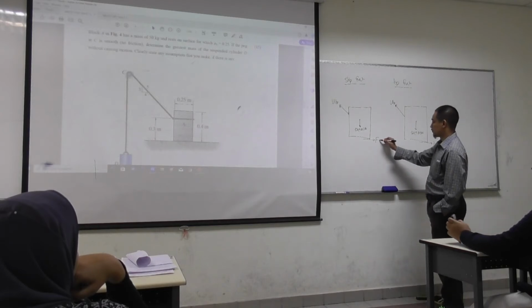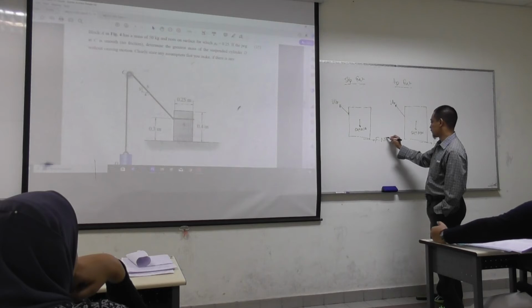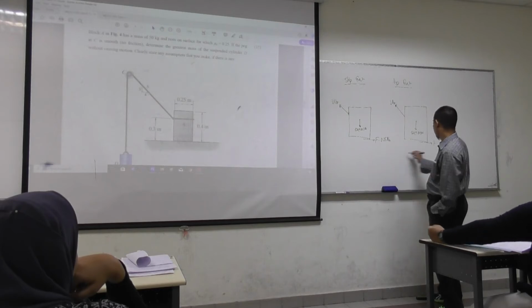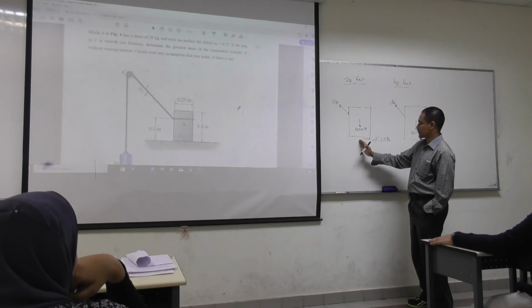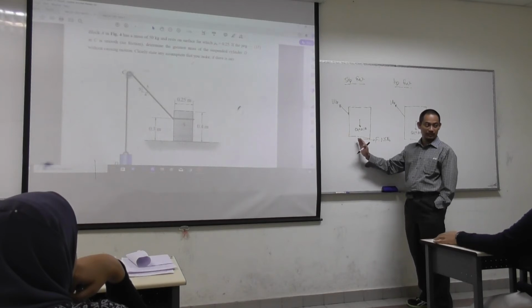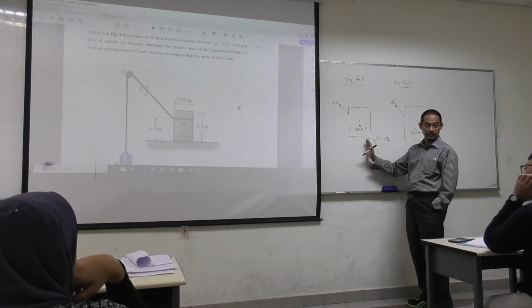This one, equal to 0.25 normal. Okay. But from some of you, I think there's someone who drew it to the right or to the left. Which direction does the normal go? To the left or to the right?